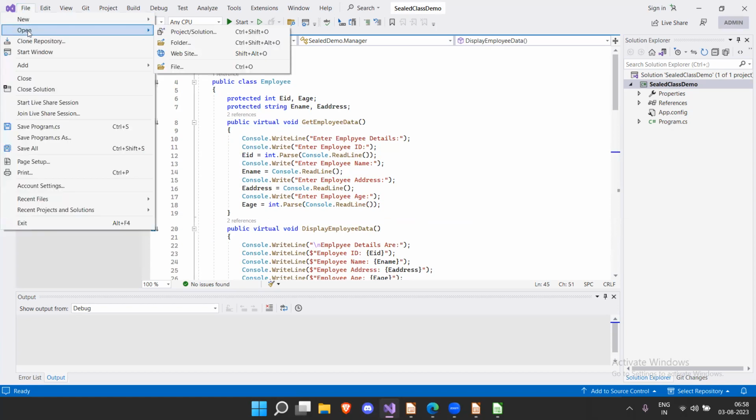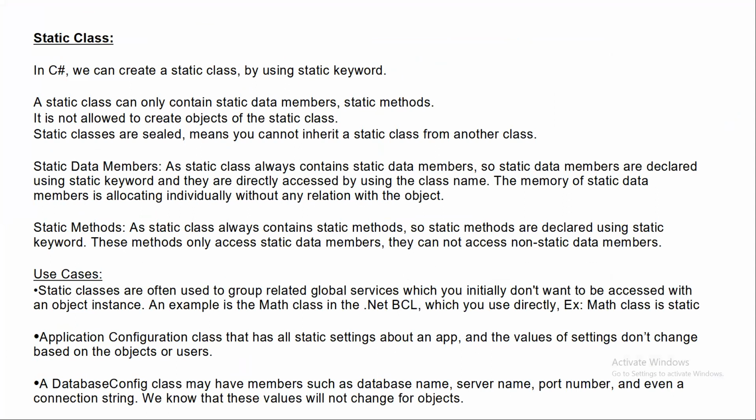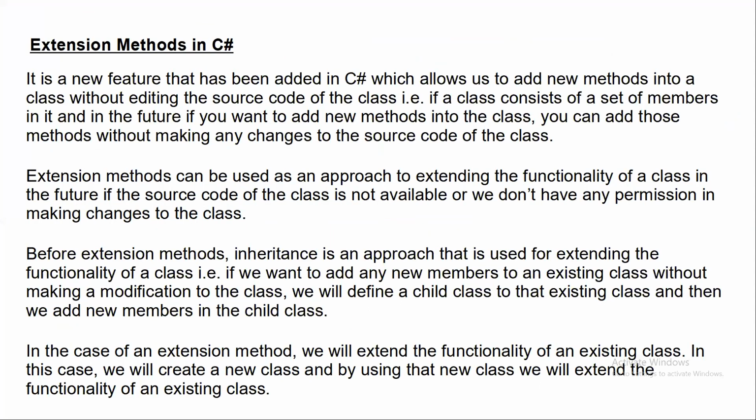I have been explaining static class already, so I don't want to repeat it here, but there's one more thing called extension. In inheritance, let's say you have a base class which contains two public methods, and you want to add another method in that class.